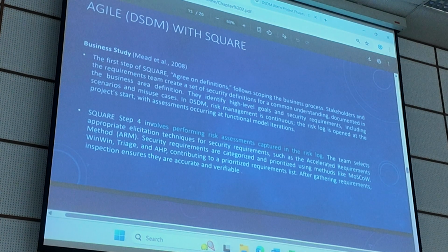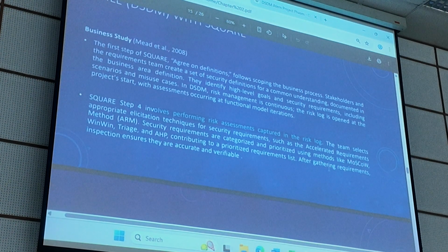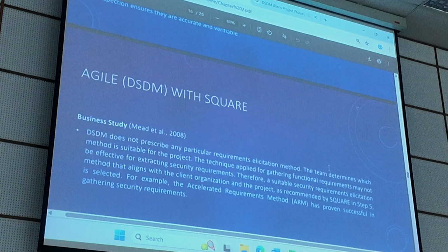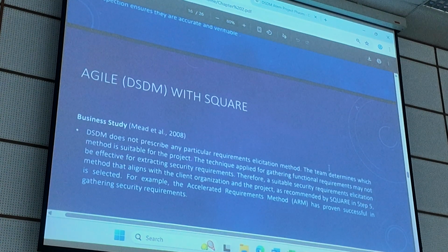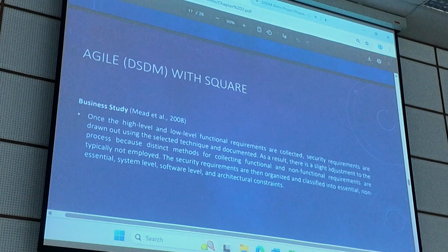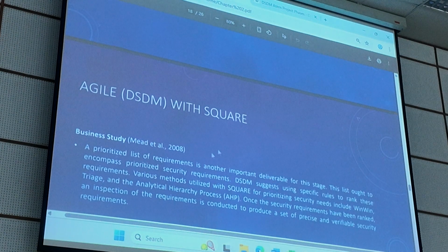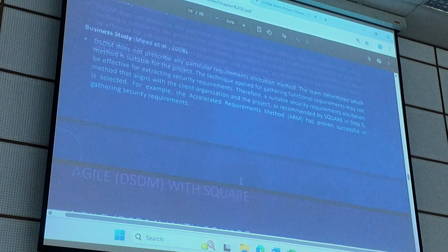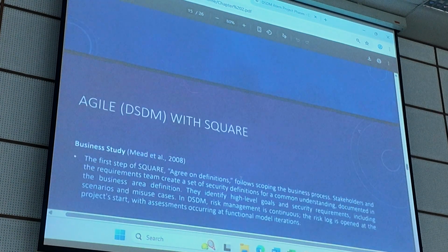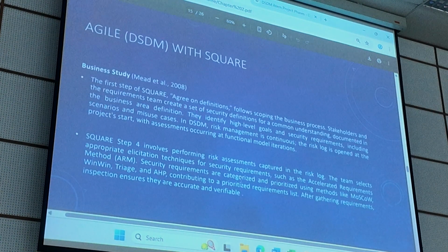Understand? So what is meant by AHP? AHP is actually listed here. Where is AHP? Analytic hierarchy process. So the full name is analytic hierarchy process.